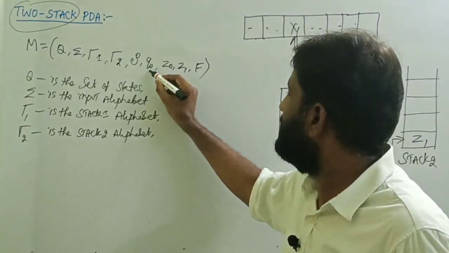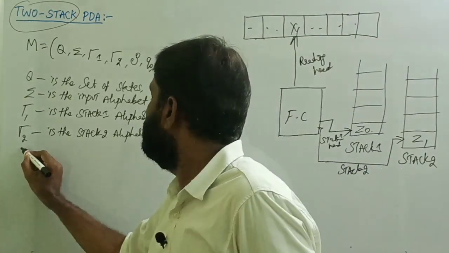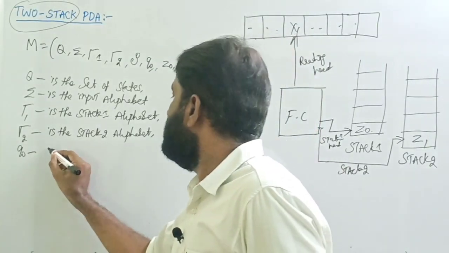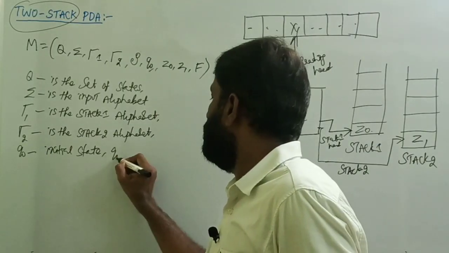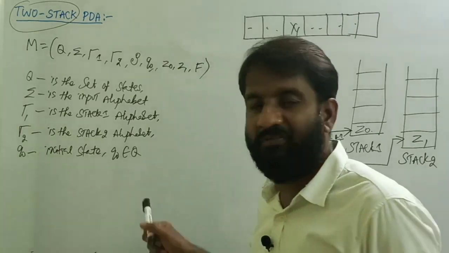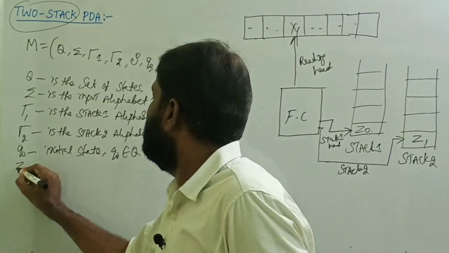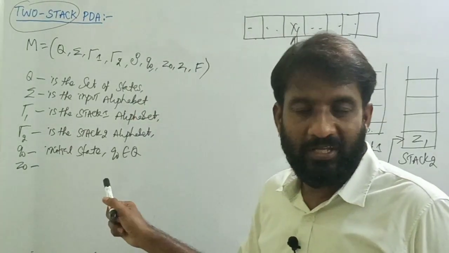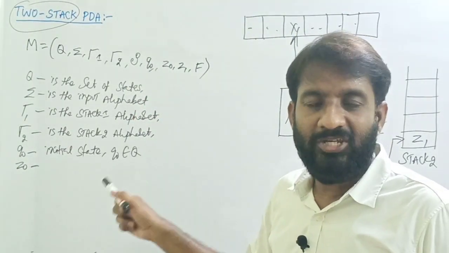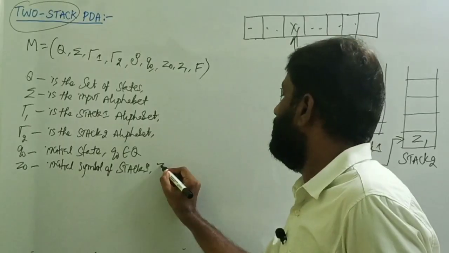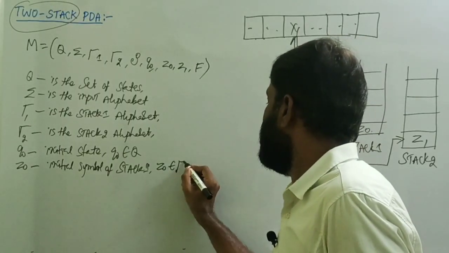Then the next one is Q0. Q0 is the initial state. So Q0 belongs to the set of states, that's why we can write Q0 belongs to capital Q. Then Z0 is the initial or bottom symbol in stack 1. Z0 belongs to the stack 1 alphabet.